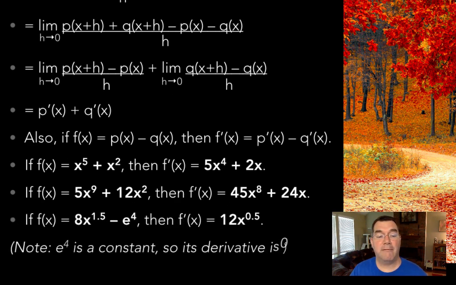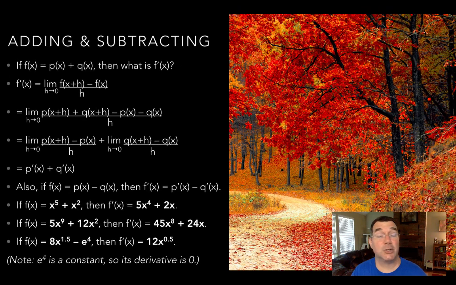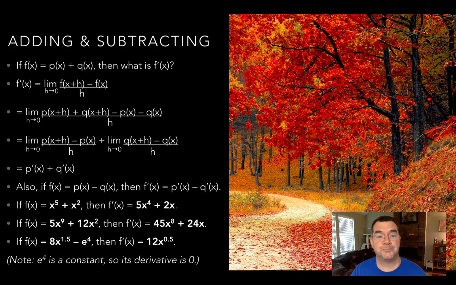And if I have f of x equals 8x to the 1.5 minus e to the 4, then f prime will be 12 times x to the 0.5. Notice that I don't follow the power rule for e to the fourth because e is actually a constant. That rule only works if your base is a variable, not a constant like e. So don't be tricked or fooled by that.